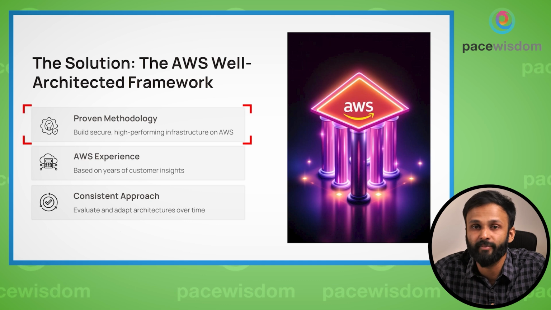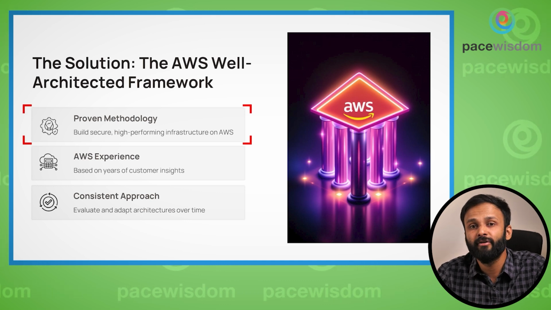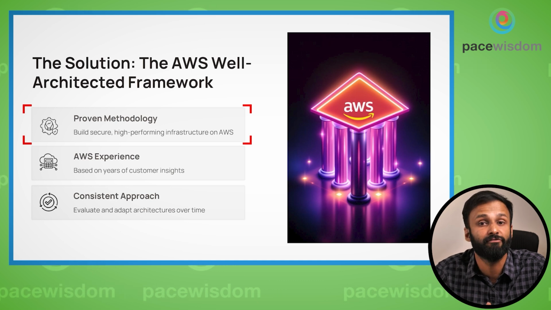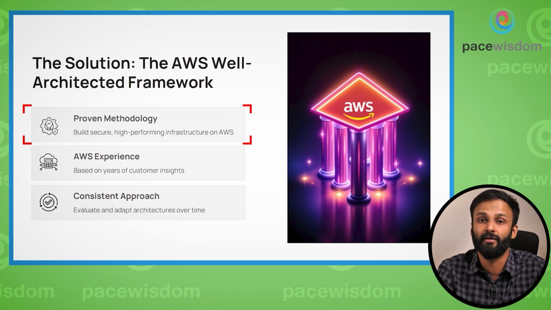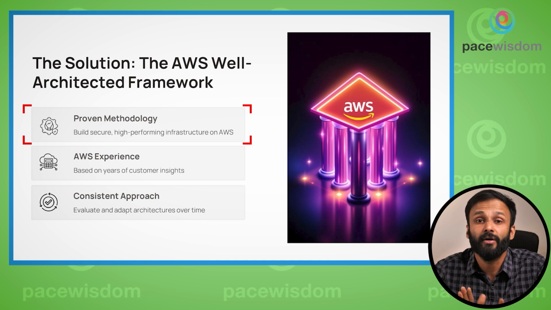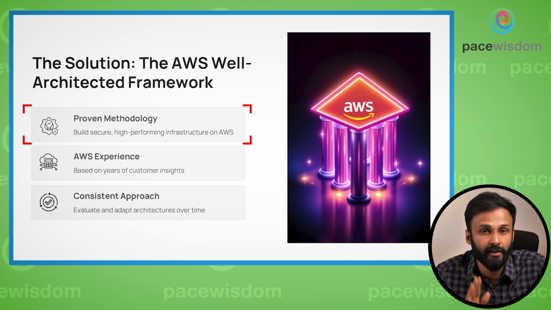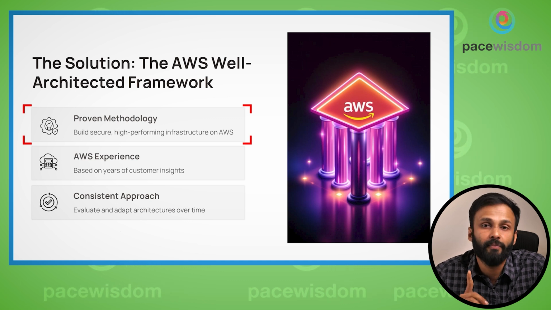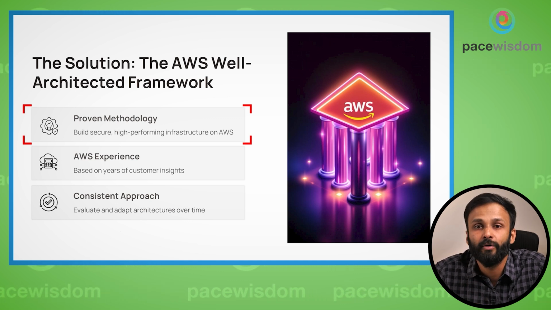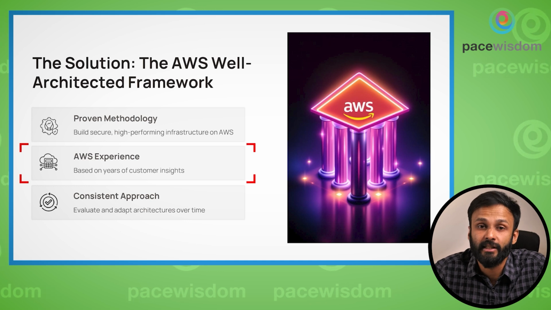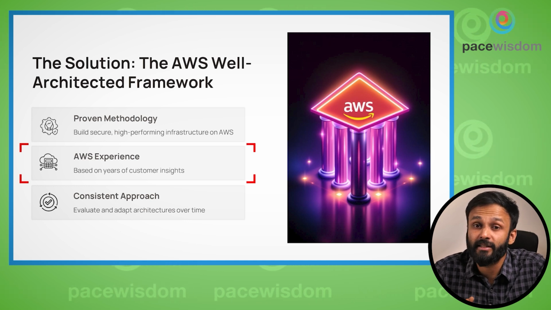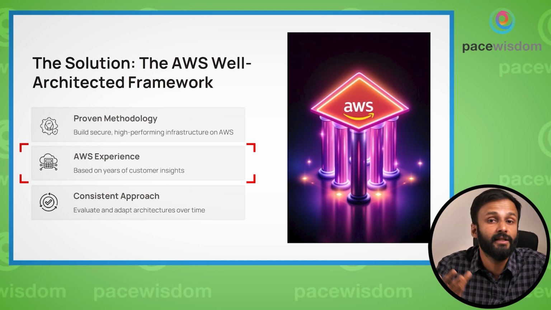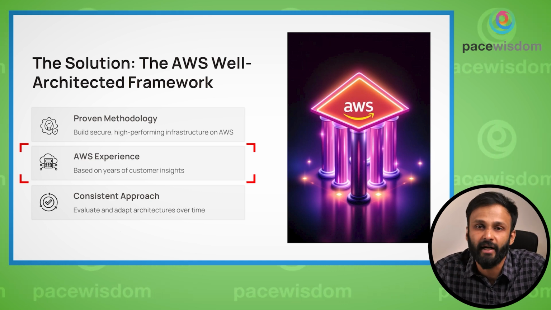First, it's a proven methodology. The framework provides a structured approach to building secure, high-performing infrastructure on AWS. It's not guesswork. It's based on real-world experience and proven practices. It is designed to help you build and deploy better cloud solutions. Next is AWS experience. It leverages lots of experience. The framework is constantly updated based on years of customer insights and evolving best practices.